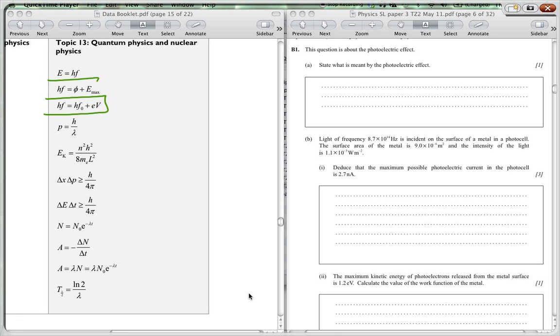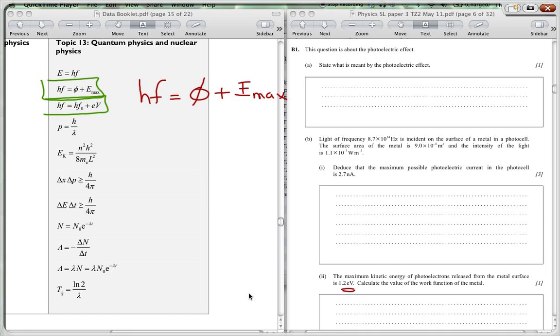We have that hf is equal to phi plus E max. Now our E max is equal to 1.2 eV, so I'm actually going to have to convert everything into eV.